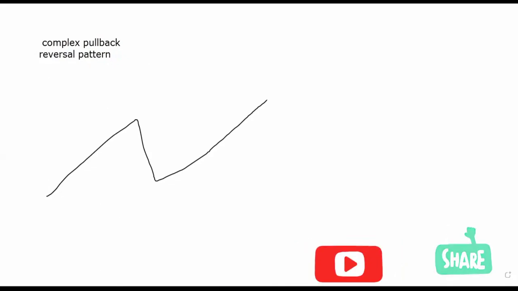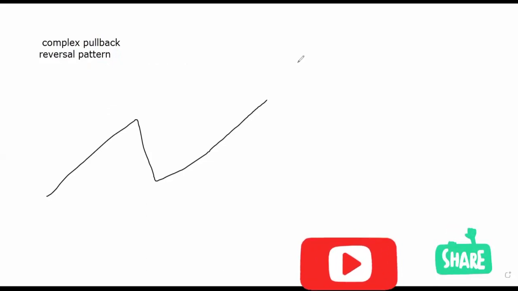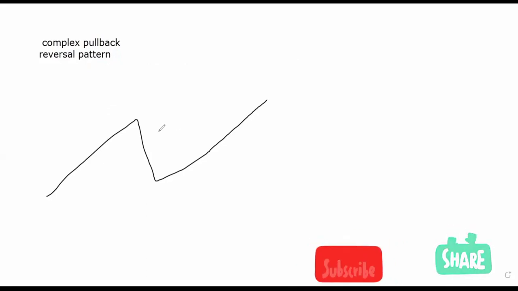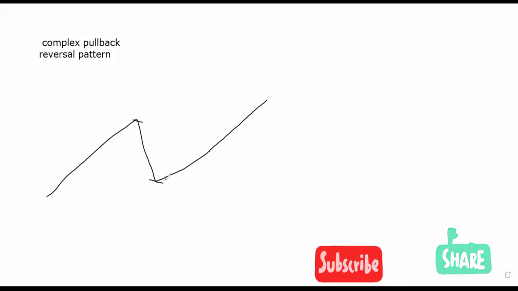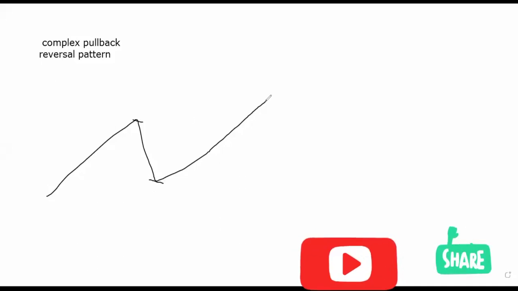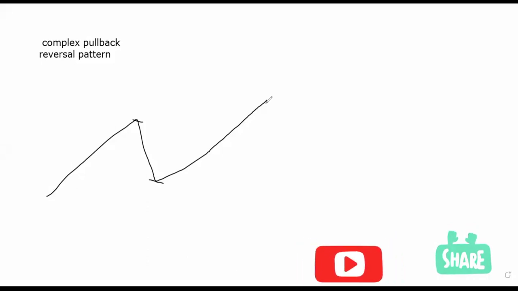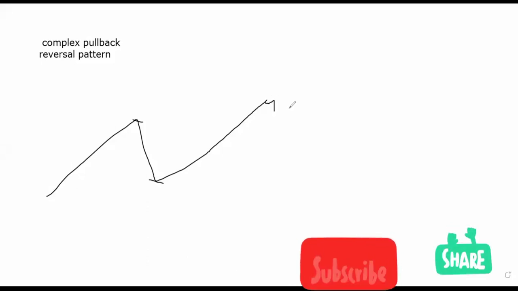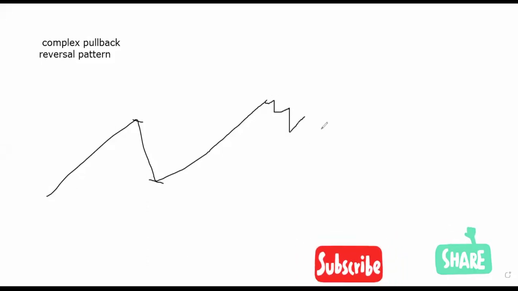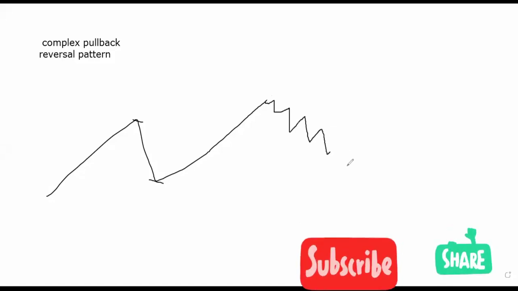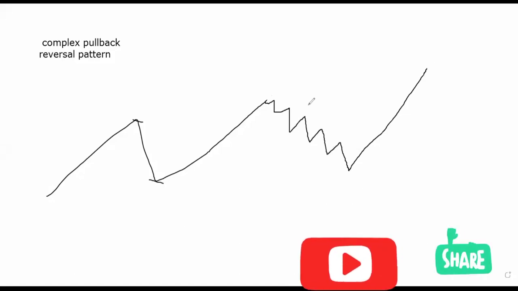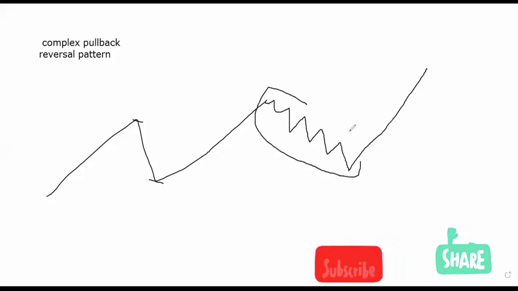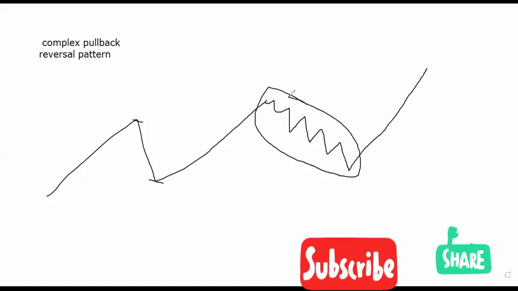So normally the market is like this. We have our higher low. This is our higher high, this is our higher low. The next higher low that we always have like this is what we call the complex pullback. You have it jump back like this, before you finally have another one like this.